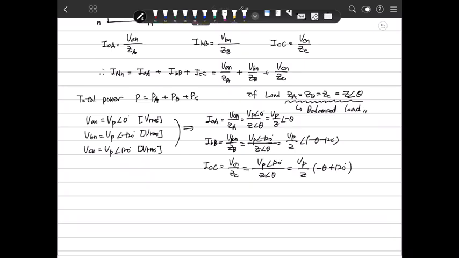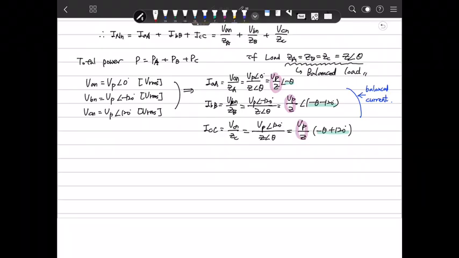Therefore, the current magnitudes are the same, and the phases are minus theta, minus theta minus 120, minus theta plus 120. So it will also be balanced. We call this a balanced current. Here you know that the source voltage is balanced and the load is balanced, then the current is also balanced.